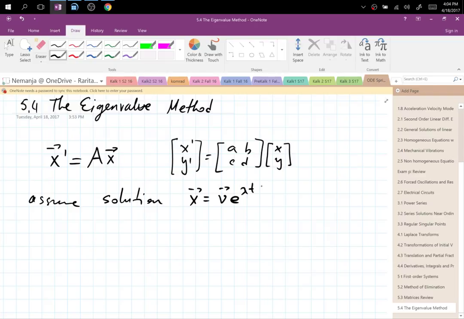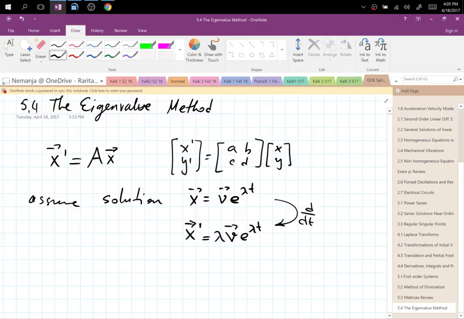And this lambda is eventually going to be that special eigenvalue. So now I substitute that into my differential equation, but before I can do it, I have to take the derivative. So x prime will be lambda v e to the lambda t.